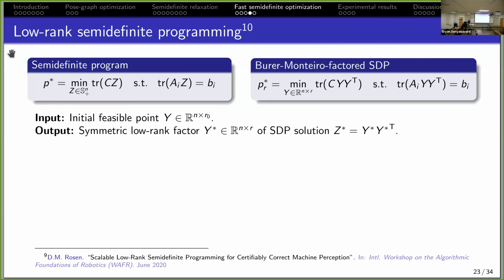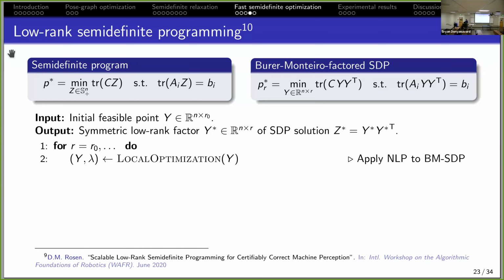And so what this leads to is a super nice method for performing low rank semi-definite programming that looks like the following. All I do is you give me some initial starting point, which is just a candidate low rank factor for a solution of my SDP at some initial assumed rank restriction, R0. And I just repeat the following.